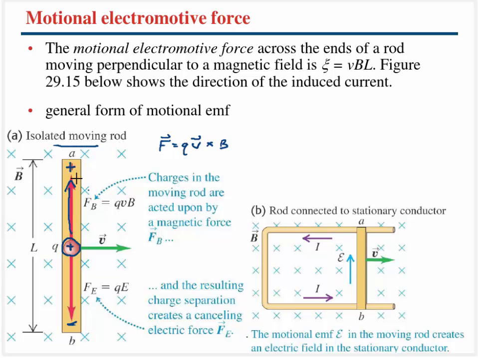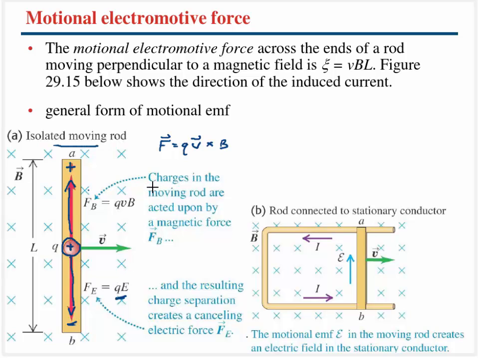However, having a separation of charges is also a potential, a voltage, and what gets set up is going to be an electric field. This electric field is going to give a force on this proton, or this positive charge in the rod, that's going to be in the downwards direction and equal to the charge times the electric field.